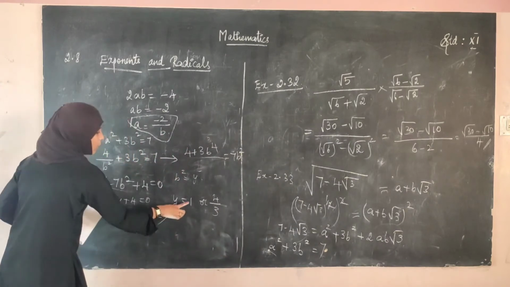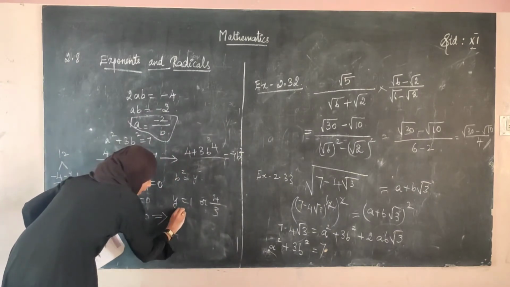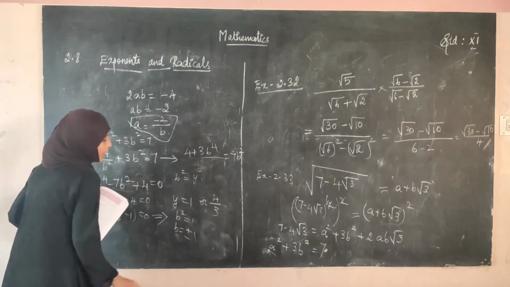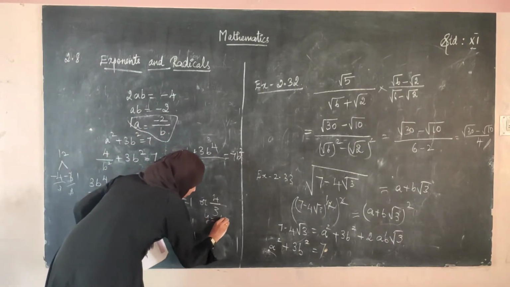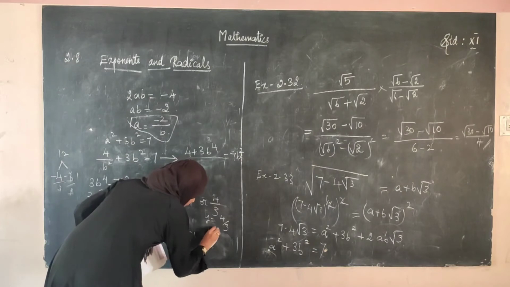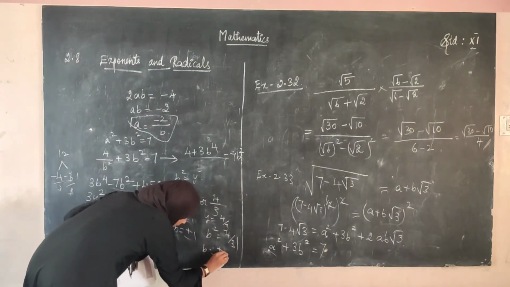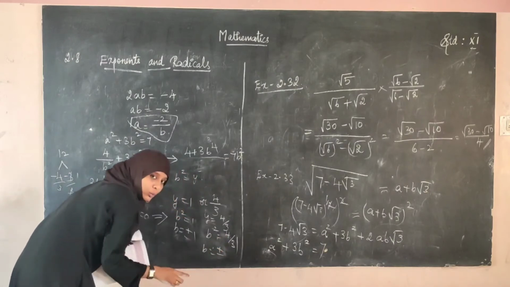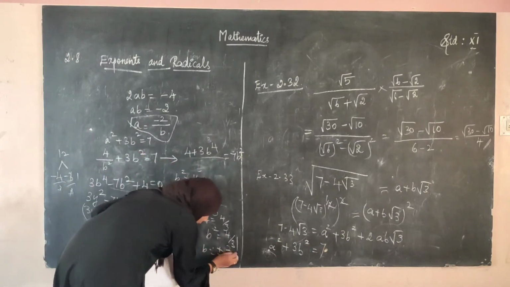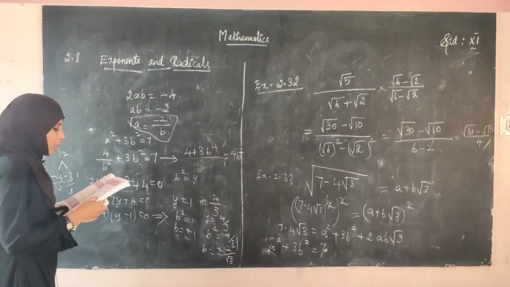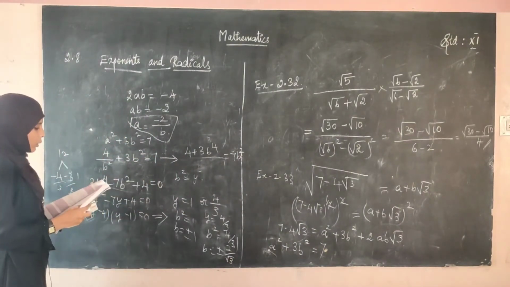Okay, when y is equal to 1, b square will be equal to 1, then b is equal to plus or minus 1. And y is equal to 4 divided by 3, b square is equal to 4 divided by 3, then b will be equal to plus or minus, root 4 is 2 only, 2 divided by root 3.